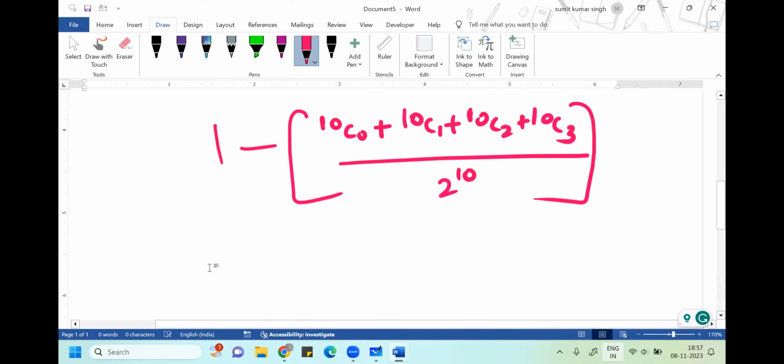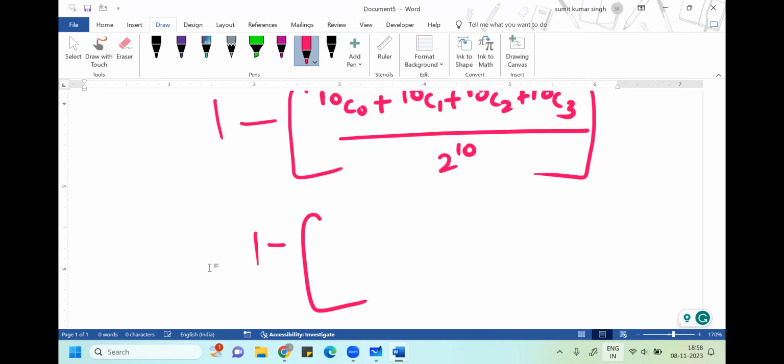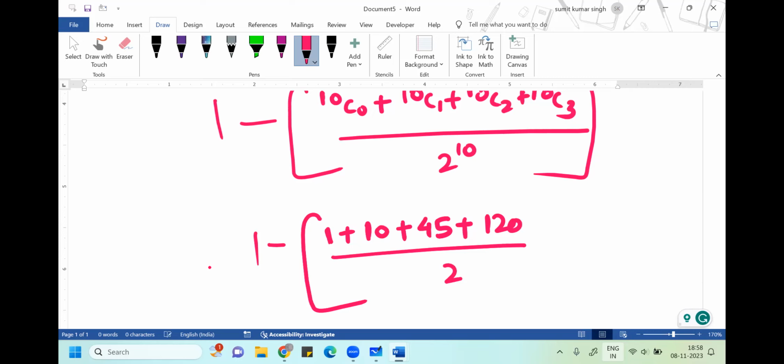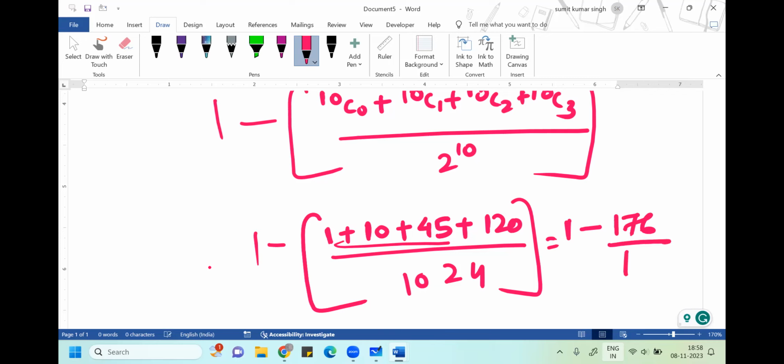I hope you people are not finding it difficult. 1 minus: 10C0 is 1, 10C1 is 10, 10C2 would be 45, 10C3 would be 10 into 9 into 8 by 6. 9 8s are 72, means 120. So 176 by 1024. Just solve this, you'll get the answer.